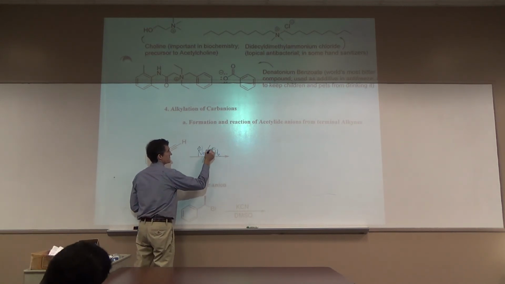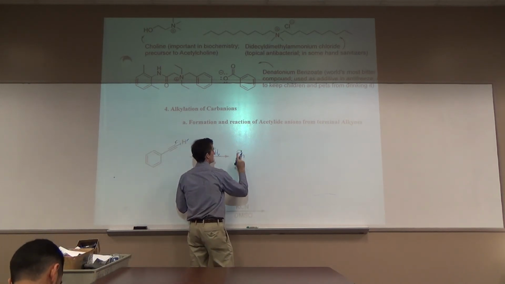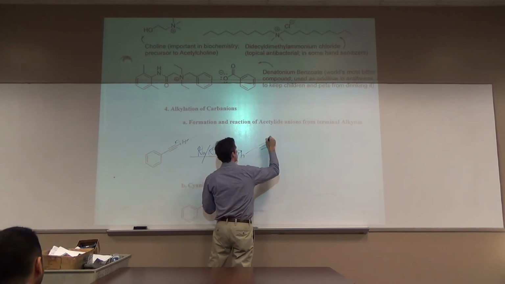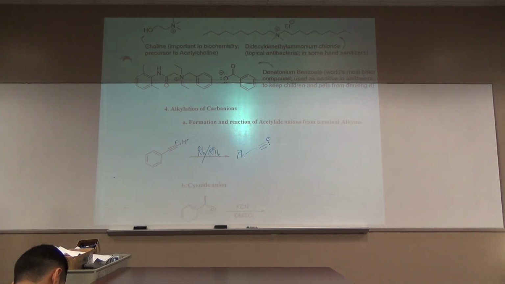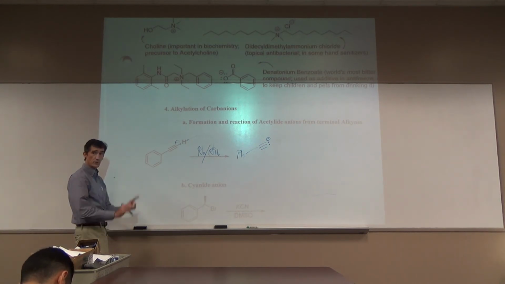Na plus, NH2 minus. These electrons take the H, these stay behind, and we can get the benzene ring, phenyl, with the acetylide anion. I would look back at this in the alkyne handout.